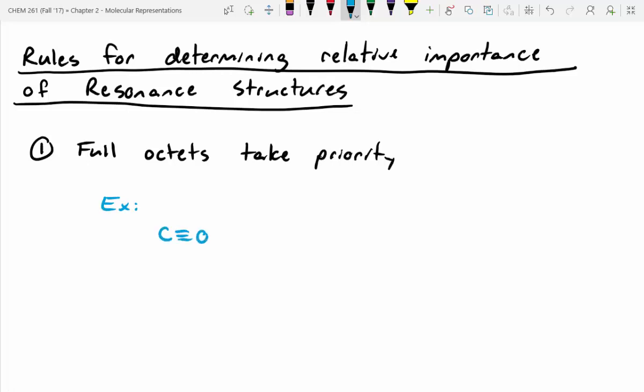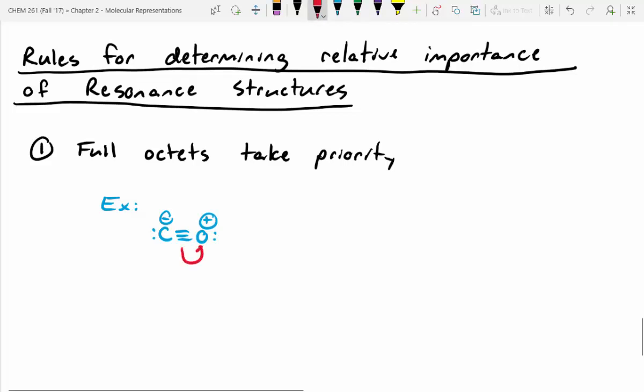If we look at it, it can be drawn like this, where the carbon has a negative charge and the oxygen has a positive charge. A lot of people say, well, oxygen's really electronegative. Why is it carrying a positive charge? Shouldn't we try to alleviate that positive charge somehow?